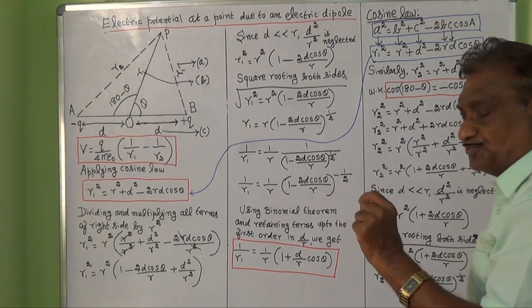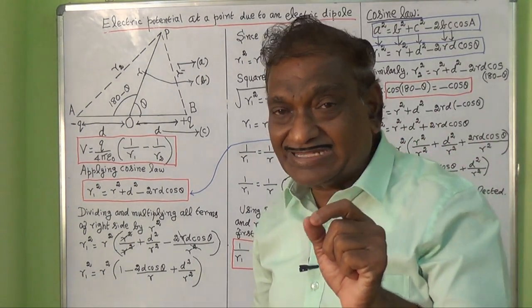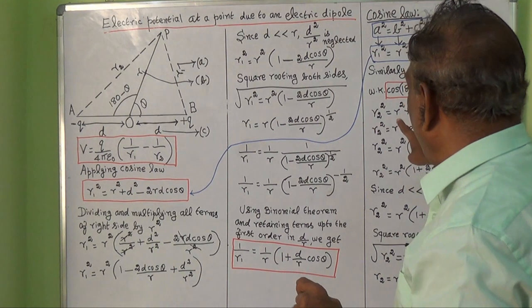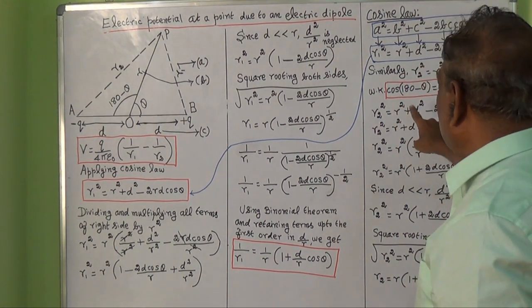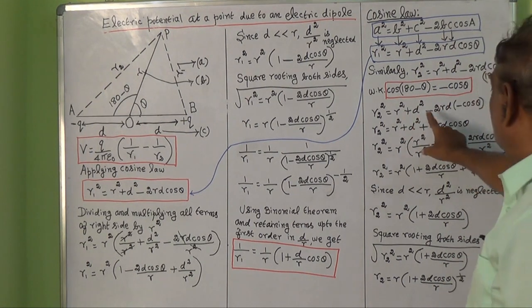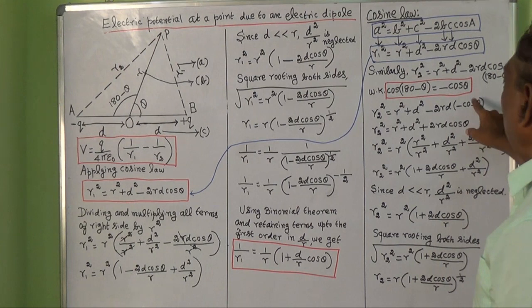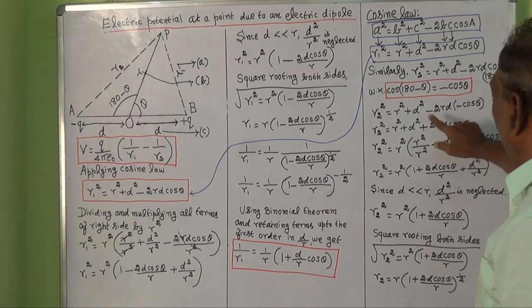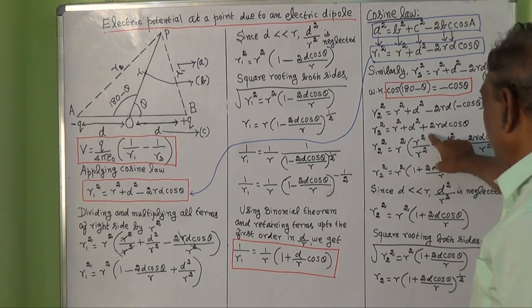So if we substitute cos (180 minus theta) as minus cos theta, we will get the equation R2 square equal to R square plus D square minus 2RD into minus cos theta. If we multiply this minus sign and this minus sign, minus into minus, we will get plus sign.